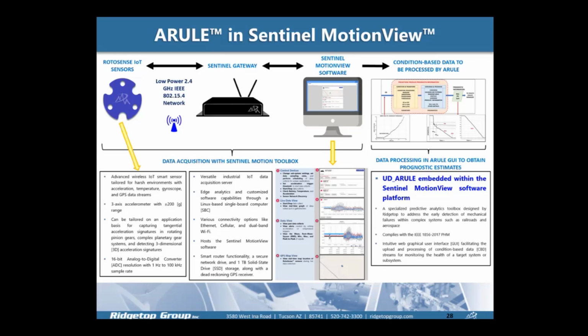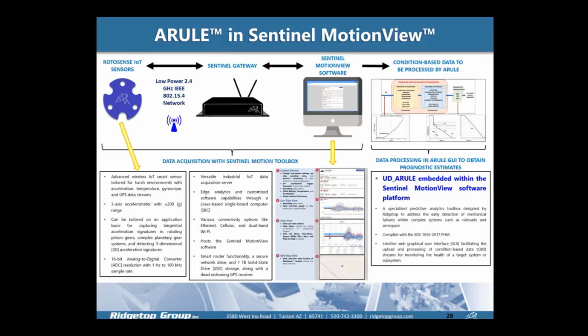We have 3-axis accelerometers with a plus minus 200 G range, and these can be tailored on an application basis for capturing acceleration and vibrations in different kinds of orientations and applications.